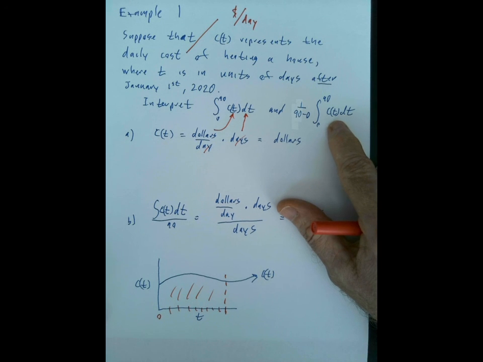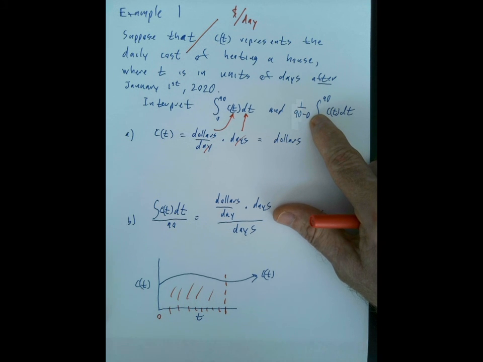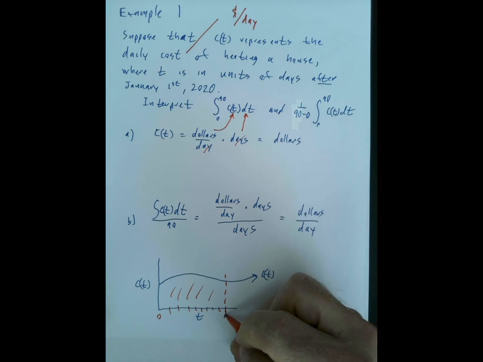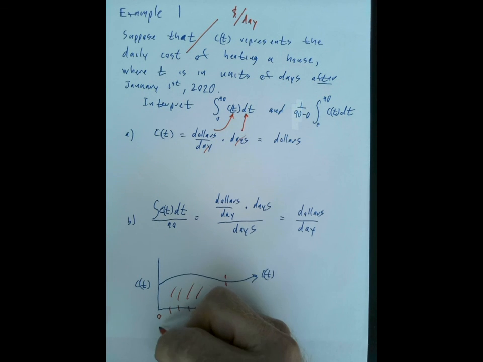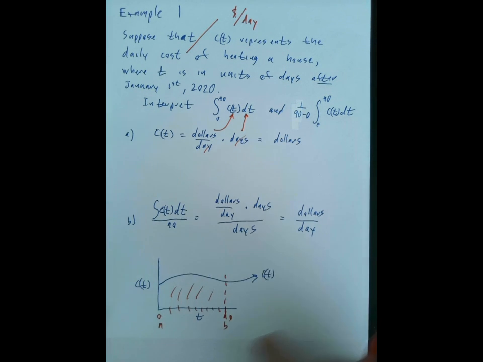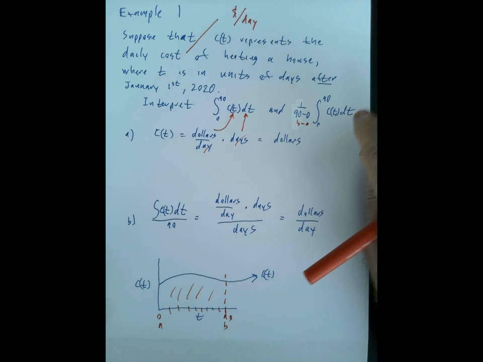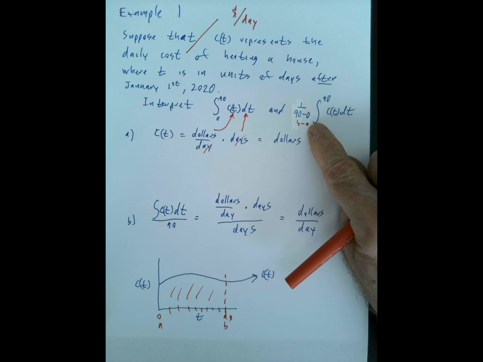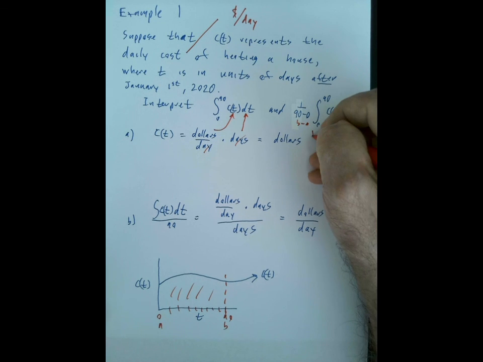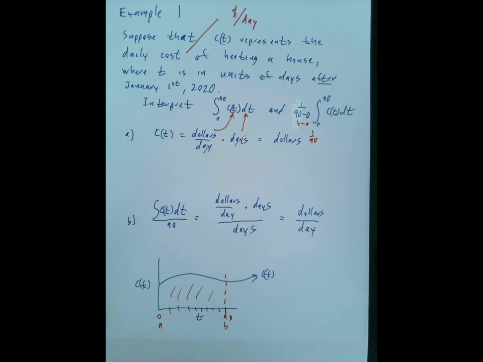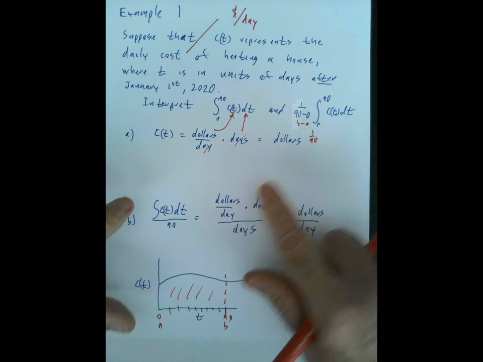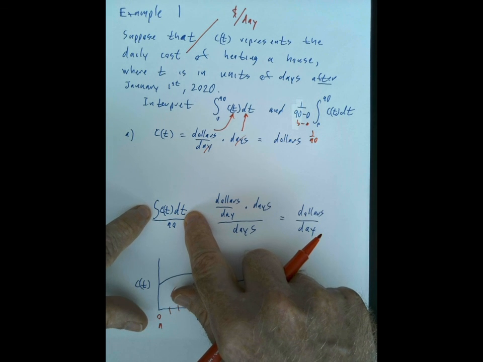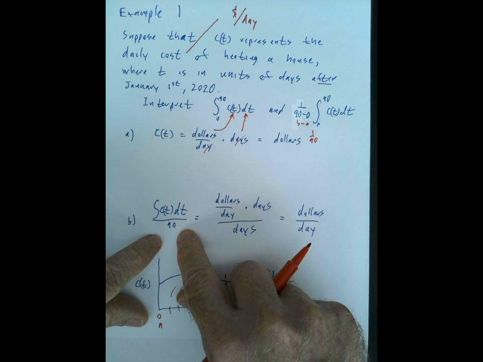Well, we're going to take that total dollars and multiply it by 1 over 90, which is no coincidence. That's 0 to 90, the interval from A to B. So we take this total cost integral and divide it by the interval, which works out to be 1 over 90, right? That means it's this integral, which was the total cost, divided by 90 days.